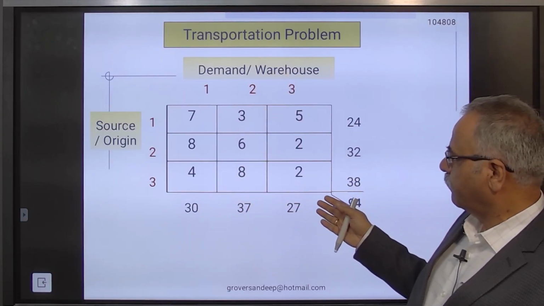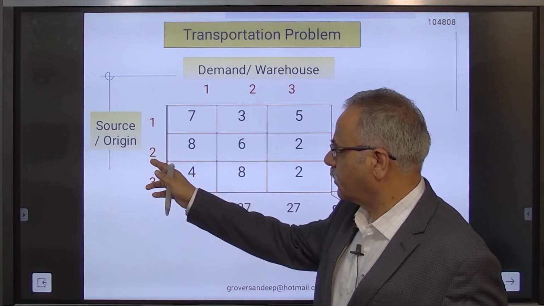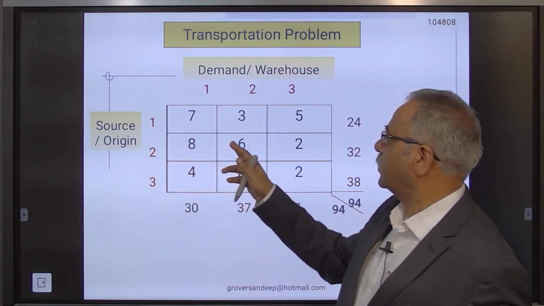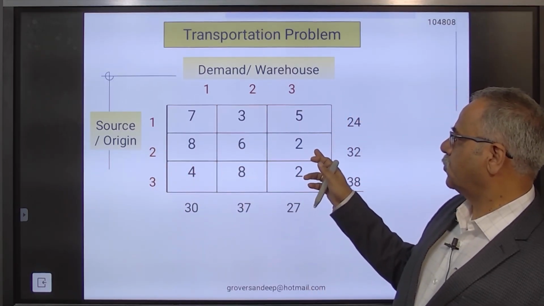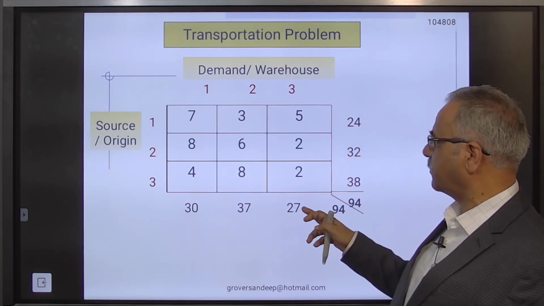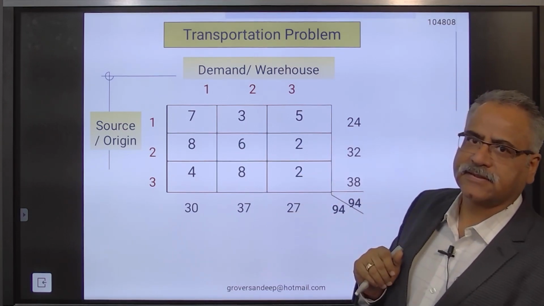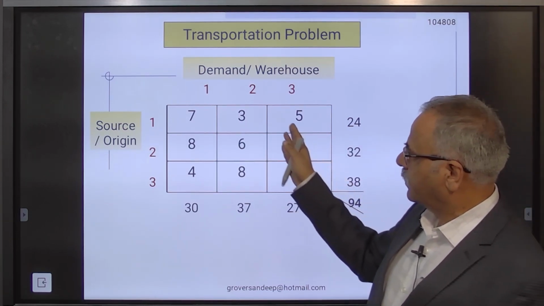That means if you want to transfer a number of units from, say, origin number 2 to warehouse number 3, you have to see that this is the capacity of the origin and this is the capacity of the warehouse. That means you cannot transfer more than 27 units in this case.